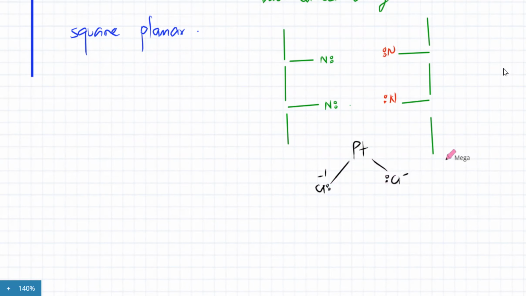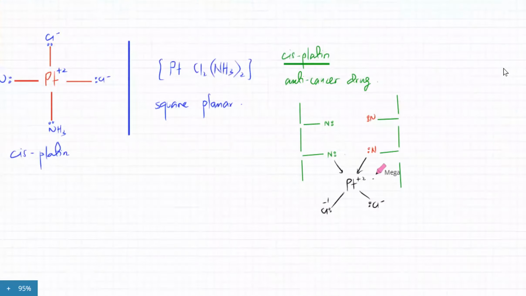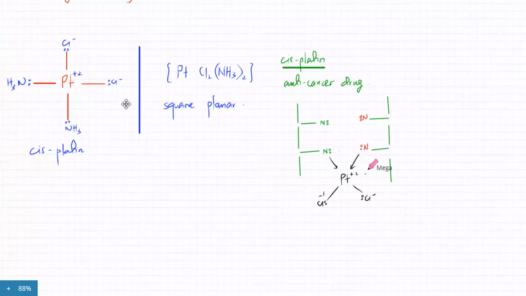And on two sides, you had NH3. A kind of ligand exchange happens. The lone pairs of the nitrogen bases get attracted to this platinum 2+. In that way, you get the same sort of complex, except that instead of having two NH3s, you now have the nitrogen bases stuck to it.